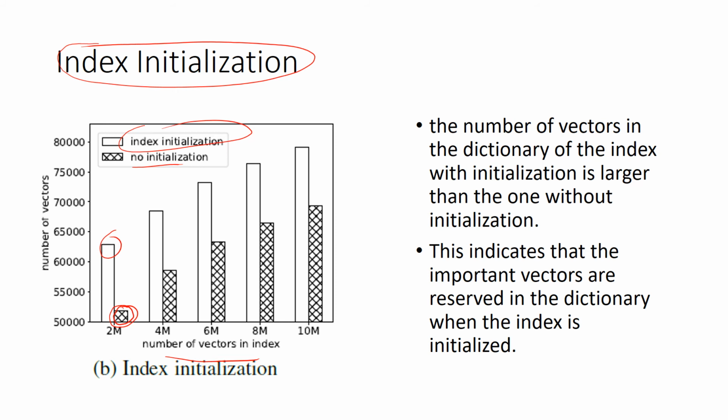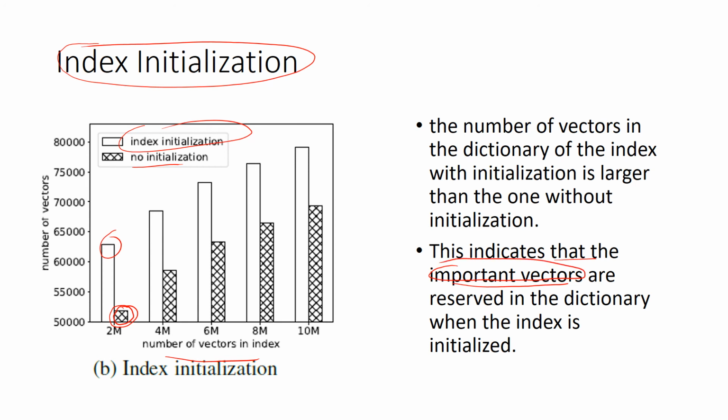So the number of vectors in the dictionary of the index with initialization is larger than the one without initialization. This indicates that the important vectors are reserved in the dictionary when the index is initialized. So this functionality actually is quite useful.